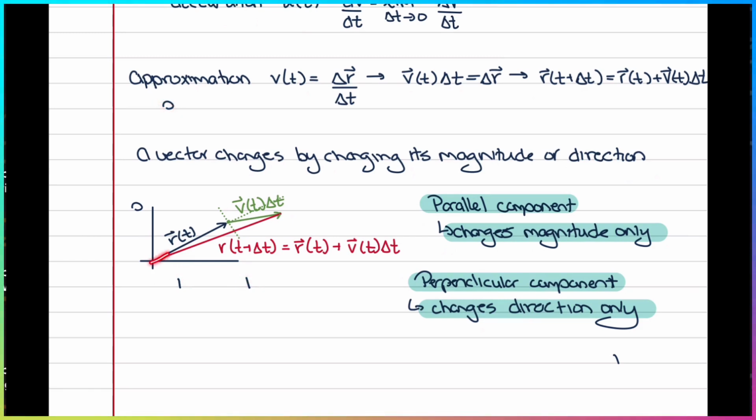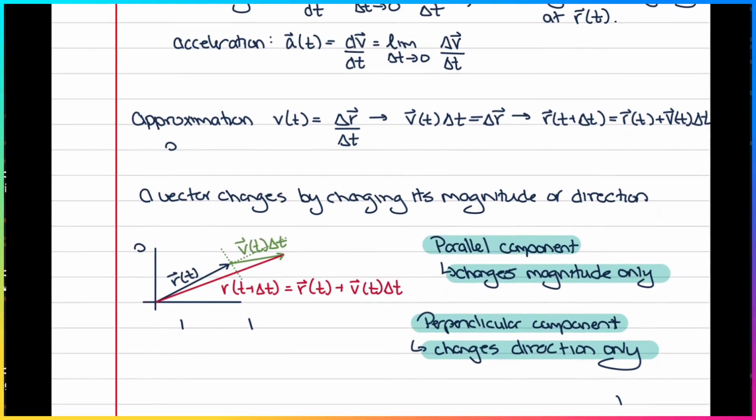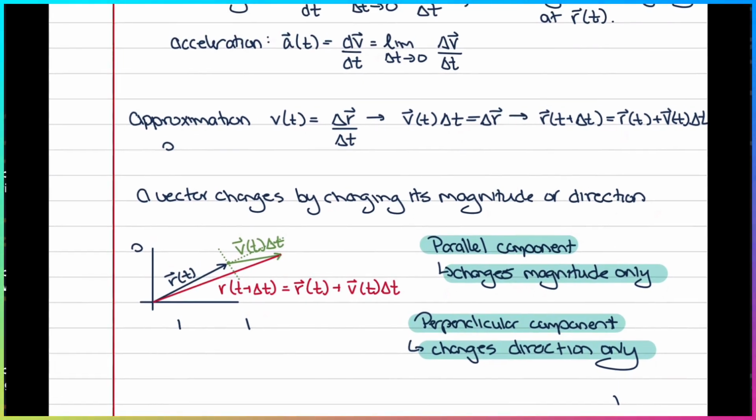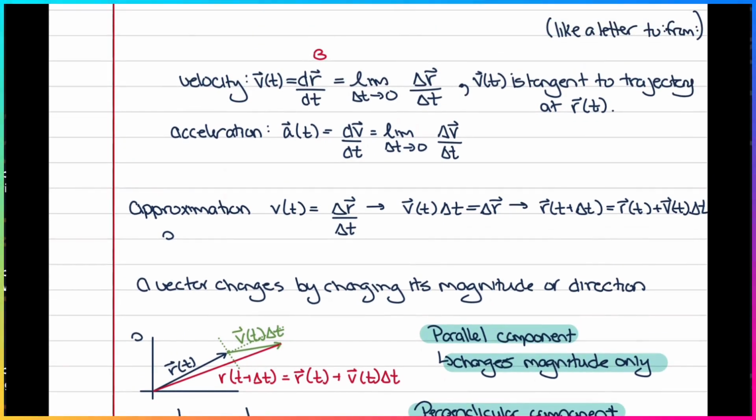So, let me have some position r, and then I have some position at some later time, r at t plus delta t. And that, of course, can be approximated by this formula here. Essentially, I'm taking the formula for the derivative and undoing it. So r at some later time is the original position plus v times delta t.